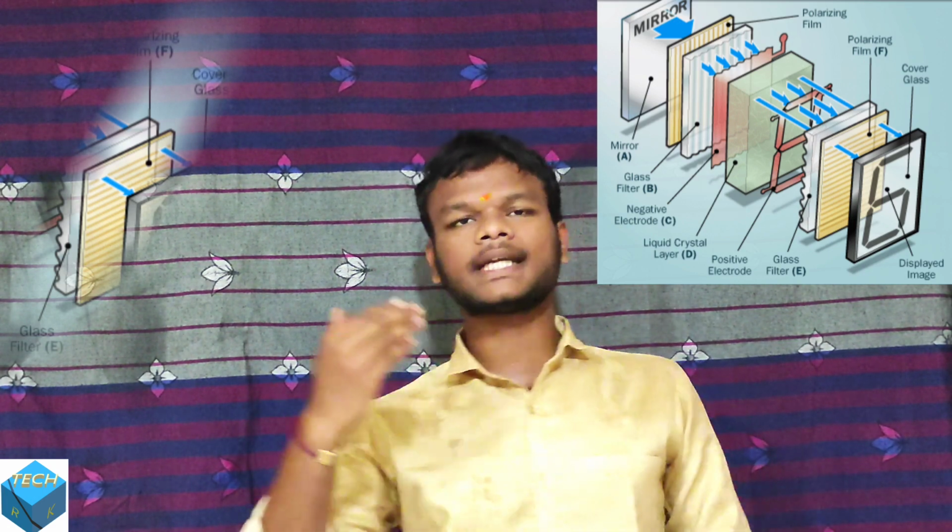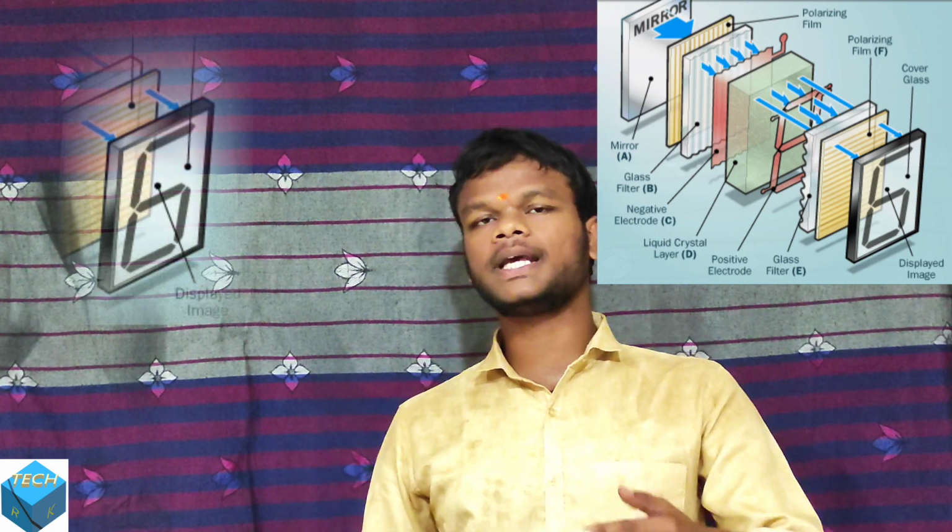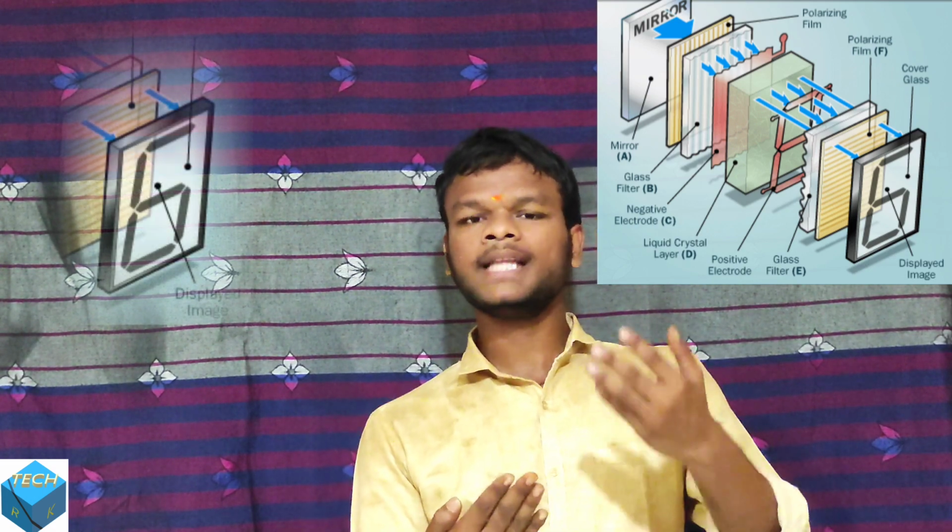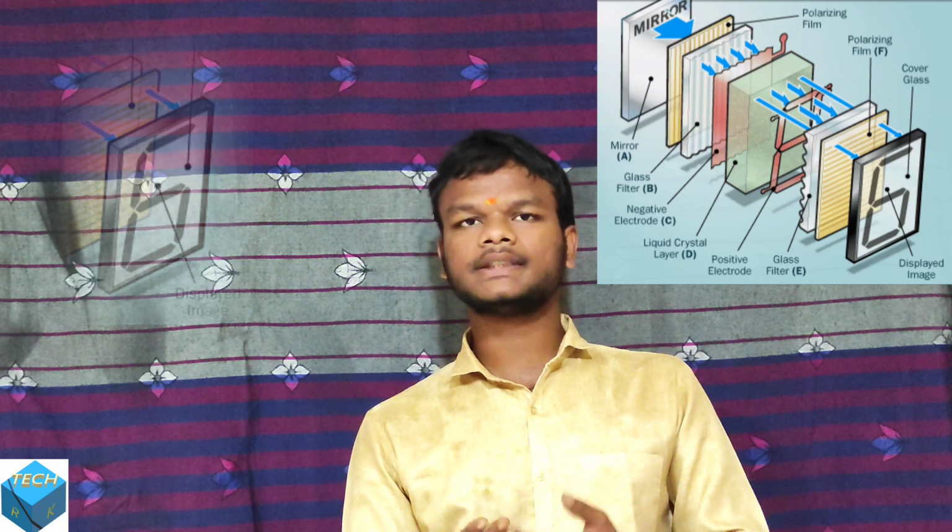It does the same work as the back polarizer. It will allow only a certain amount of light to pass to the cover display. On the cover display, we will see the content which we are seeing. So this is the structure of a normal LCD.